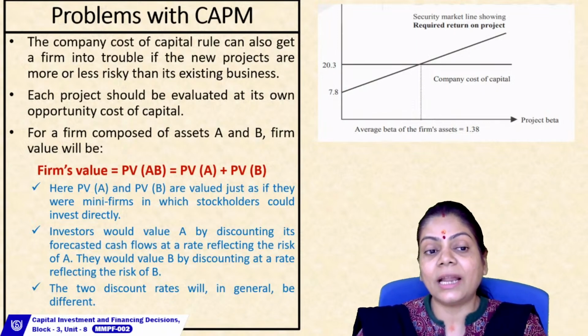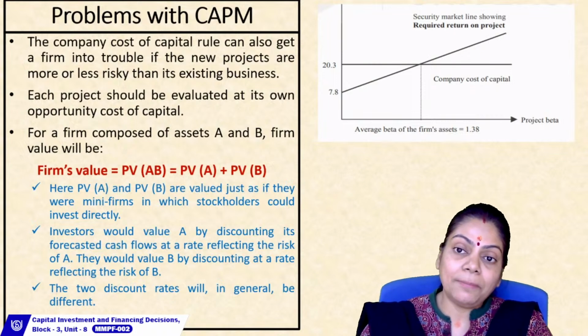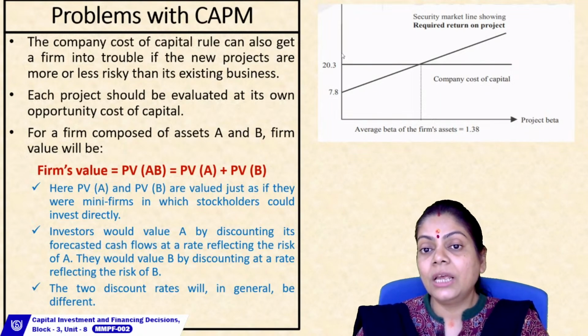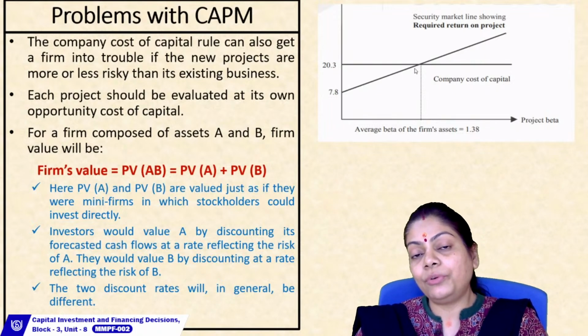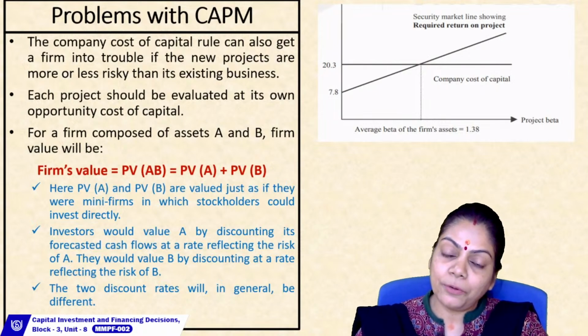The common sense is that even if both these projects are taken up by the same firm, if you are dependent on the CAPM, the cost of capital of the company is this crossover point, that is 20.3%. So for project A you are going to use 20.3%, and for project B also 20.3%.